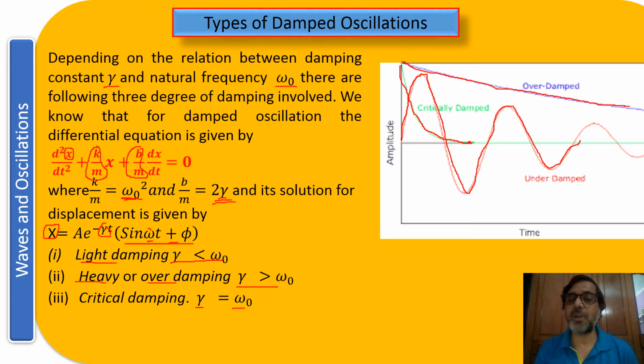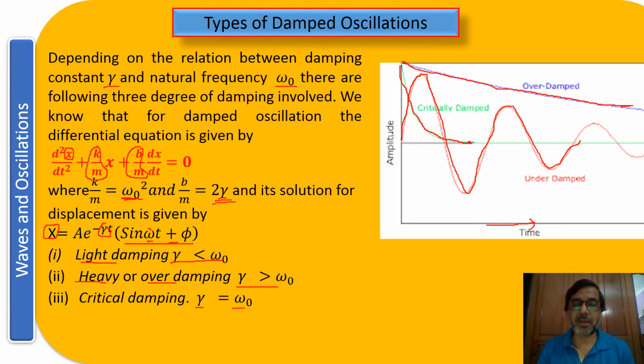But now you see what is the difference between the over damped and critically damped. In case of the over damped, it is taking a very long time for its amplitude to become zero. Here even the amplitude has not come to zero, so it will take further time because this axis is time.